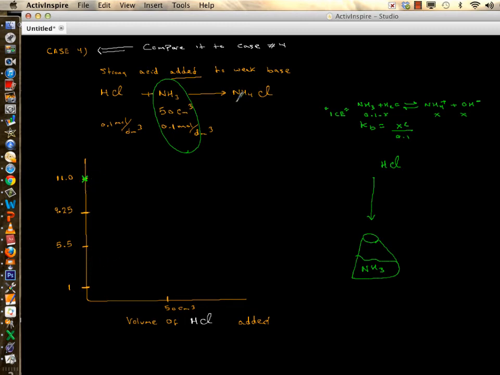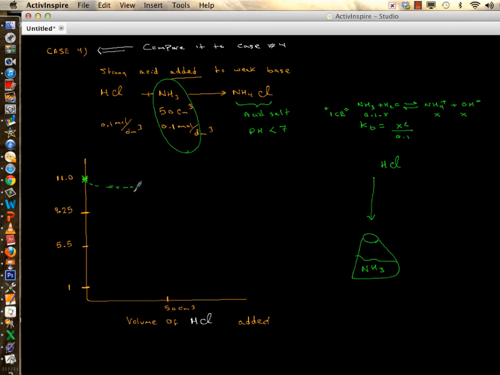Then again, you have a strong acid and a weak base, so this is a rather acidic salt, and pH should be less than 7. Now what happens is you go through neutralization.